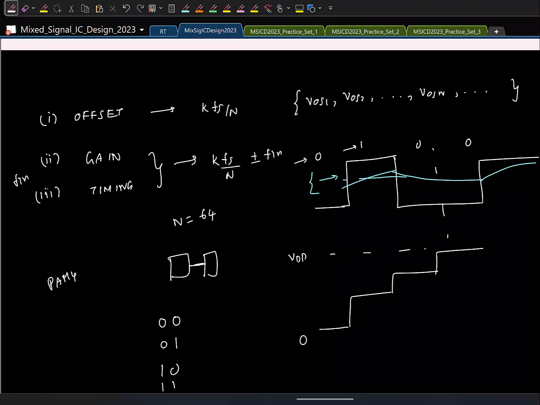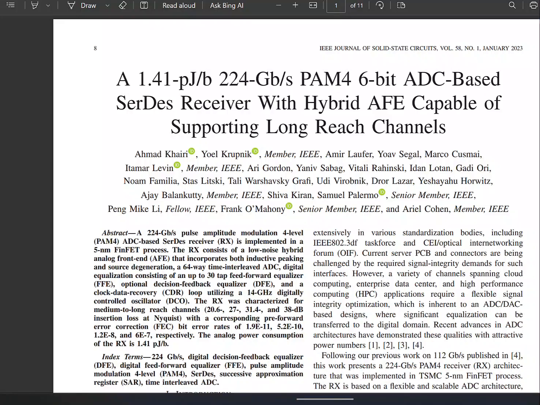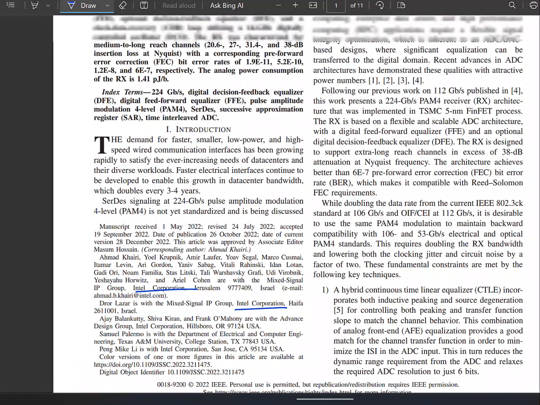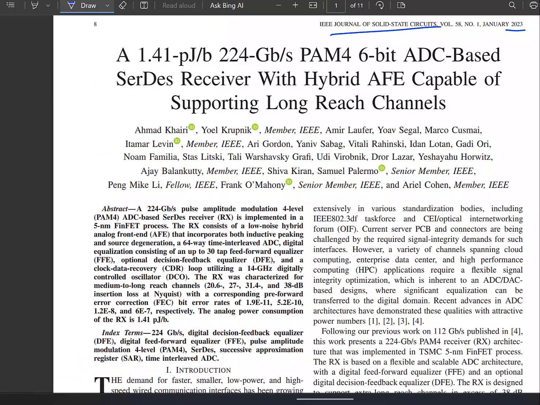So let me show a couple of things. This is a very recent paper in the Journal of Solid-State Circuits, and it is from Intel. Intel is one of the leading companies that has been pioneering the design of high-speed serial links.